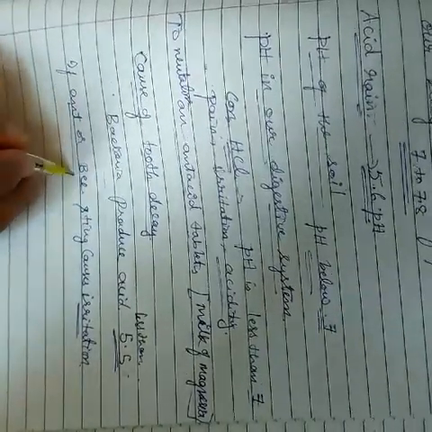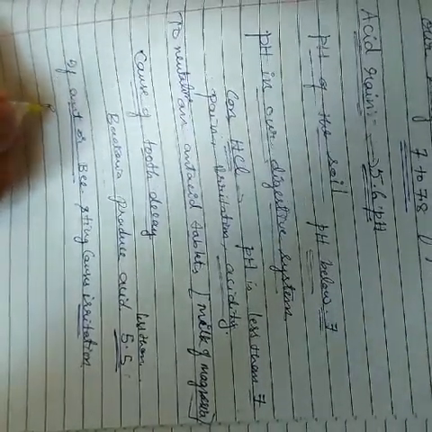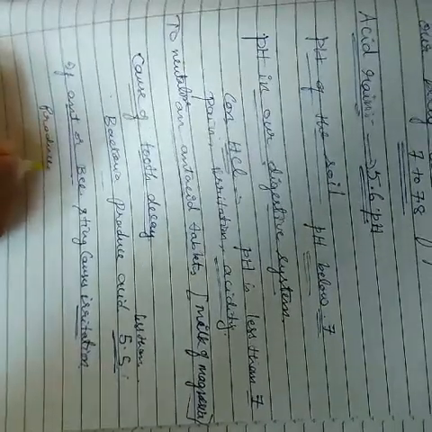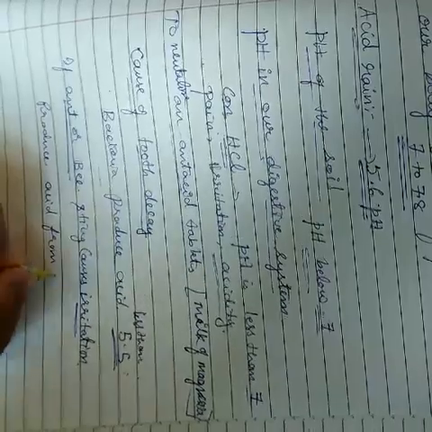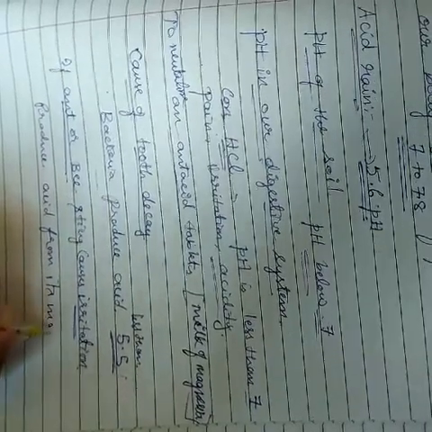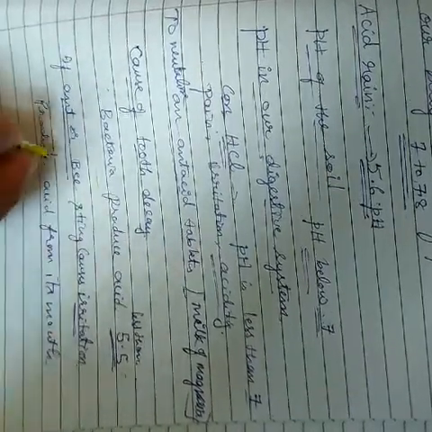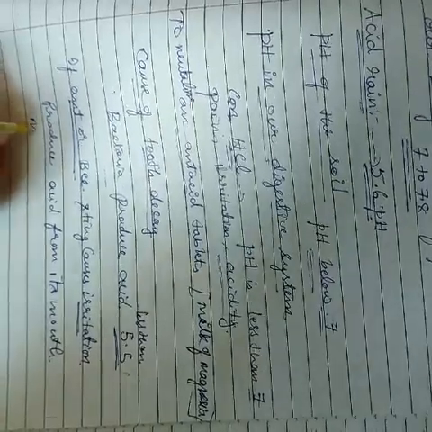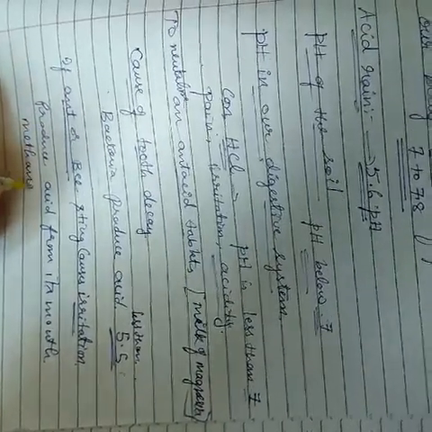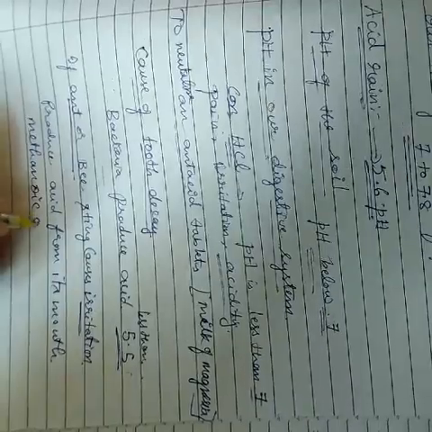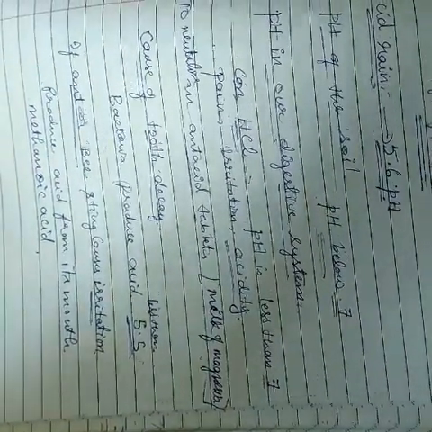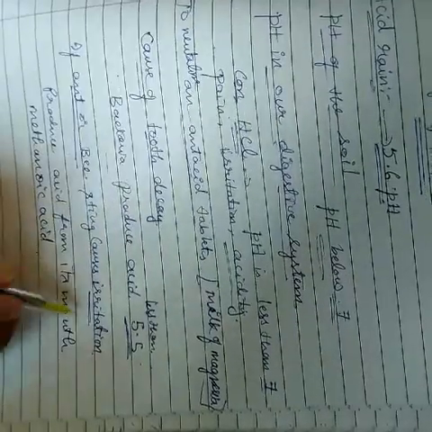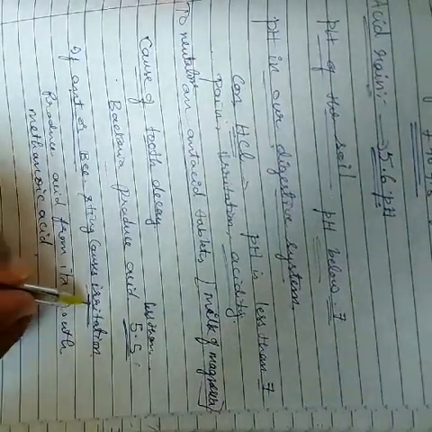Because the ant and bee produce acid from its mouth. The name of that acid is methanoic acid, commonly called formic acid. That's why it causes irritation.